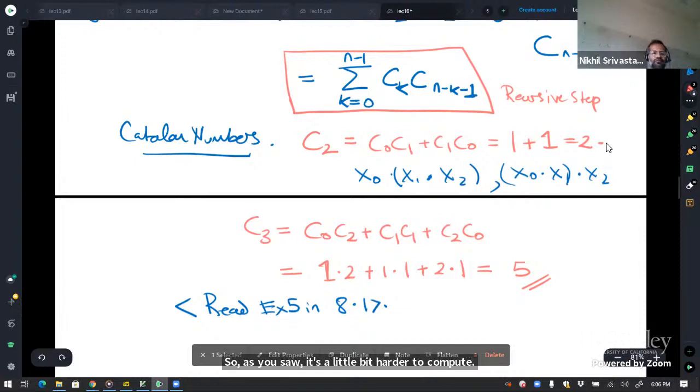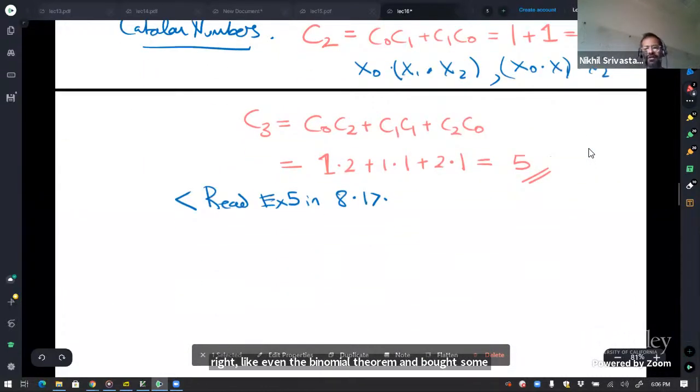So really, the way to think about it is that in math, there's a range of explicitness with how you specify quantities. The most explicit, you just write it down, or you have a formula. But even the simplest formula involves some computation, right? Like even the binomial theorem involves some computation. So you should really think of it as a spectrum. And this is less explicit than the previous one.